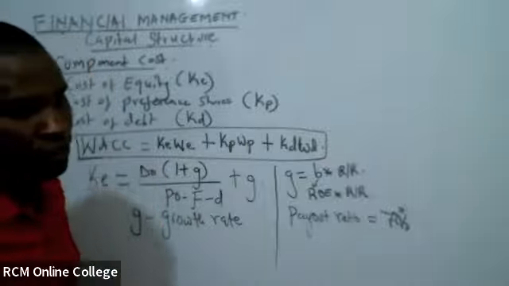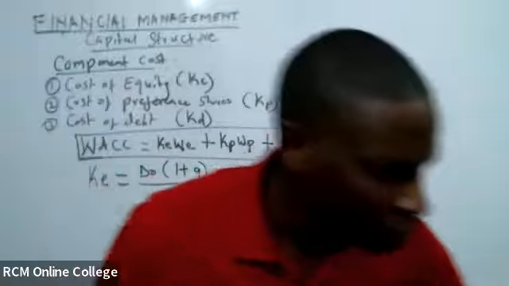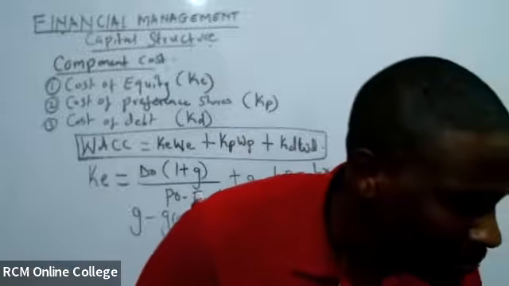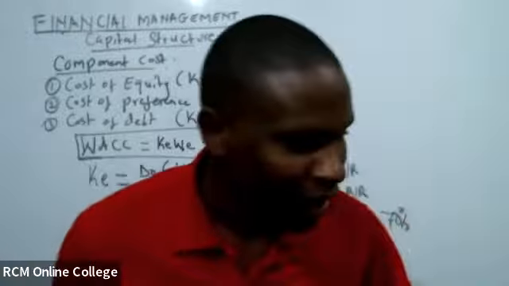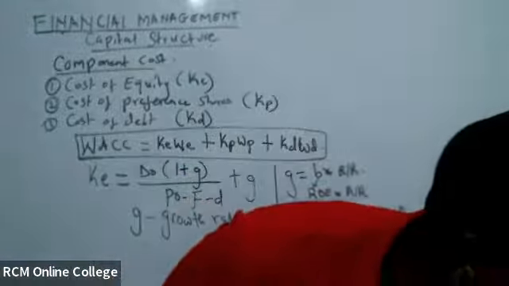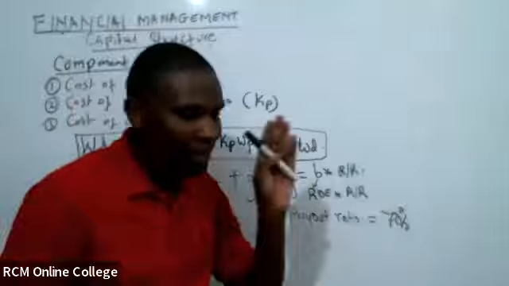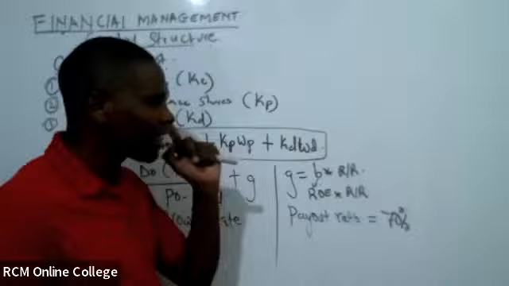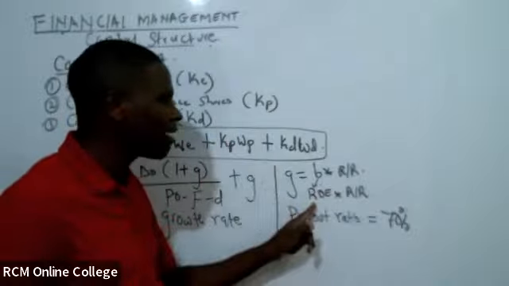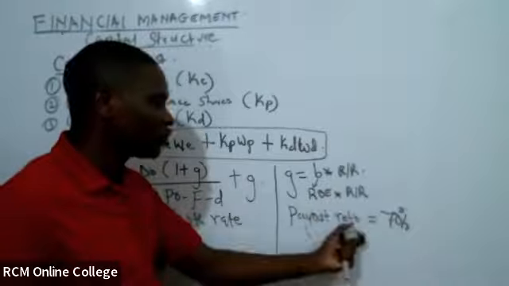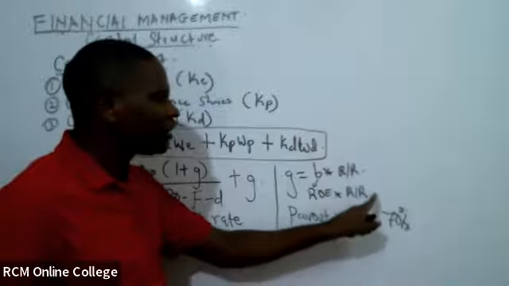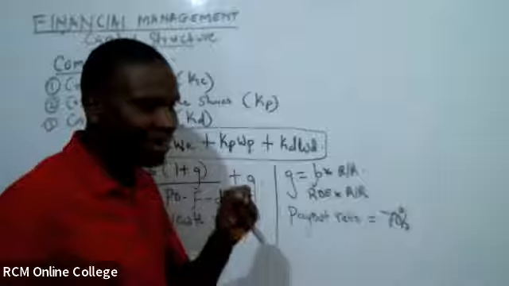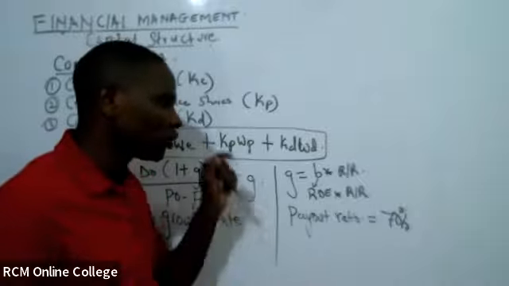I want to mention somebody here. Mimi. Kuna mtu anajiita Mimi. Okay, sawa. Everyone is saying 30%, or 0.3. So in that case whereby the payout ratio is given, the retention ratio is easily known.